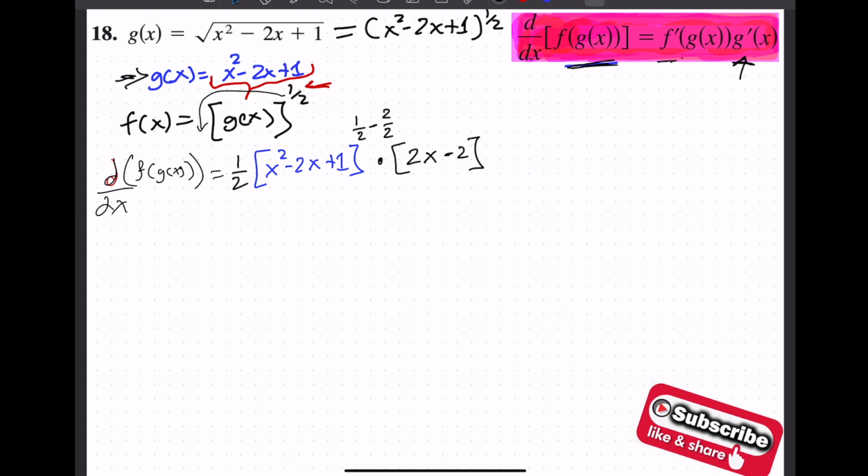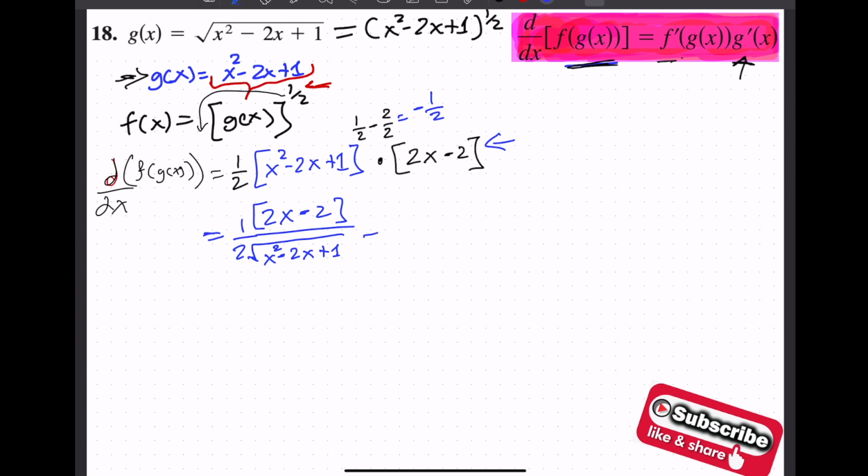And that's it. Now we need to simplify a little bit more. This is equal to 1/2, and here we have a negative power, so I can bring this down to the denominator, since it's negative, and keep it as it is. Up here I have 2x minus 2 times 1.